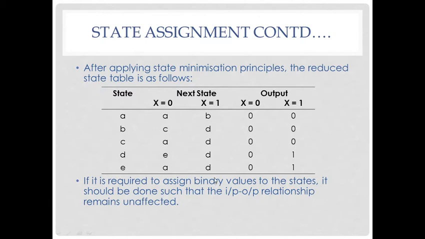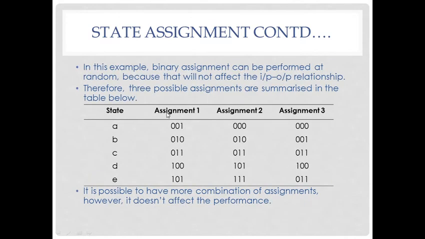So instead of having 7 states, if I just use these 5 states, my circuit is still going to perform the same way. Here, the input-output relationship is unaffected by the binary values assigned to the states. Therefore, we can proceed with the state assignment procedure here.